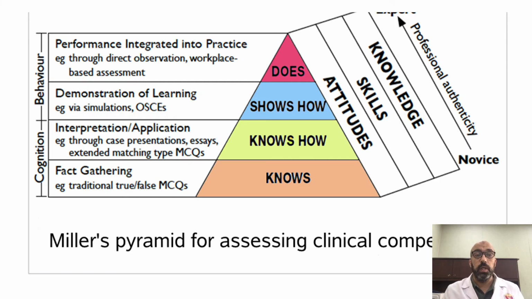Take-home message. Workplace-based assessment is related to the highest level of the pyramid, the DOES level, which is in the workplace. We also need to remember that Miller's pyramid has a modified form, which includes another level above DOES, which is the IS level, related to identity, professionalism and attitude, which needs another type of assessment that is more comprehensive, like multi-source feedback or the 360 exam.